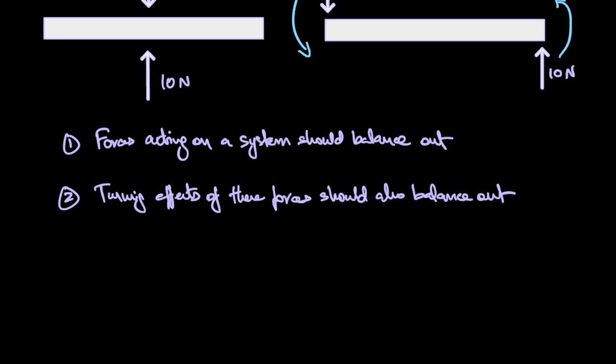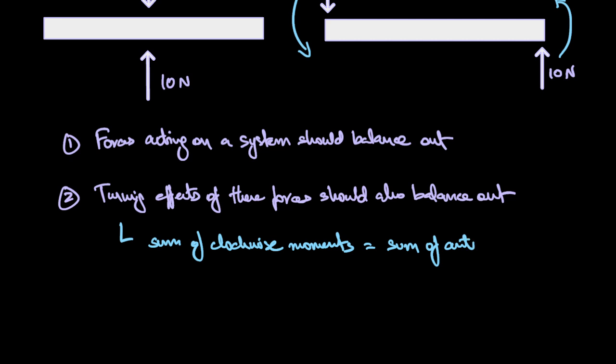In our second condition for equilibrium, how we check if the turning effects are equal is by equating the sum of clockwise moments with the sum of anti-clockwise moments, and these two should be equal.